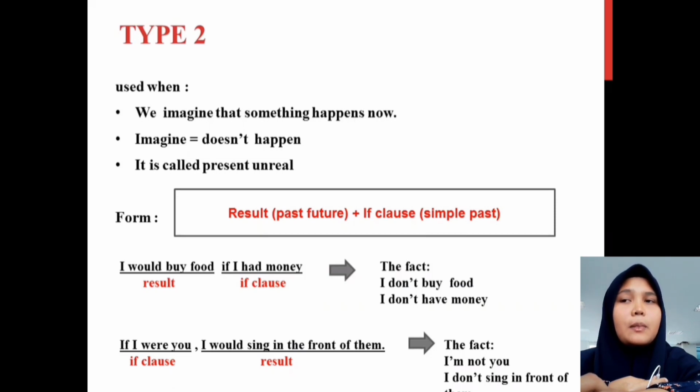So, the fact from our sentence is I don't buy food and I don't have money. Another example, if I were you, I would sing in front of them. So the fact is I'm not you and I don't sing in front of them.